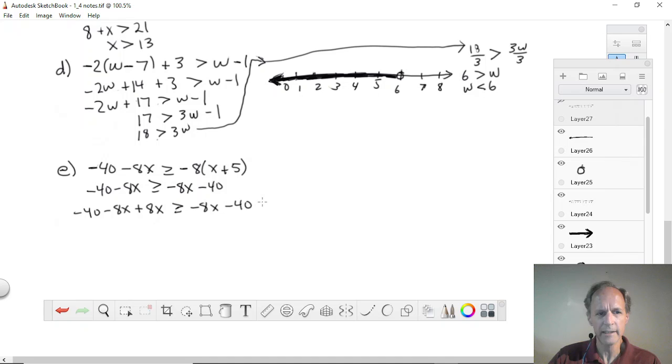We'll add the 8x on the end. So all we did was just add 8x to both sides. On the left, it goes away. It leaves negative 40. On the right, it goes away too, right? Negative 8x here plus 8x, that's 0, so you got negative 40.